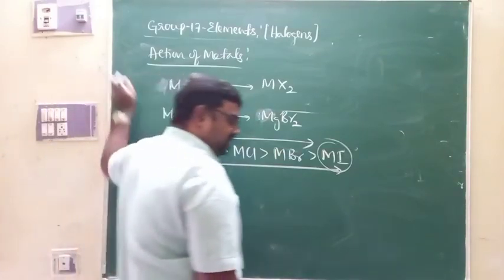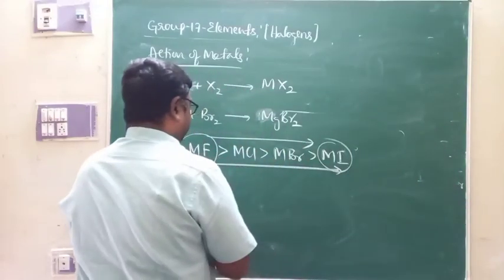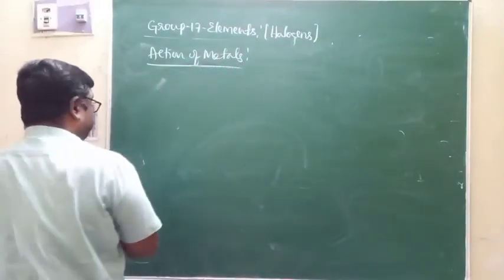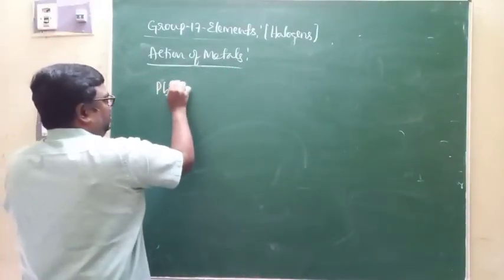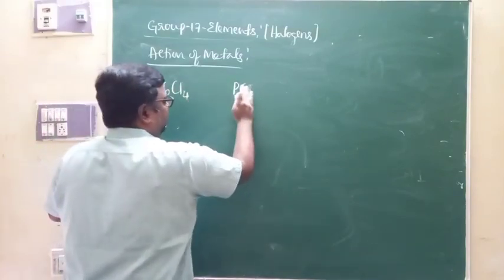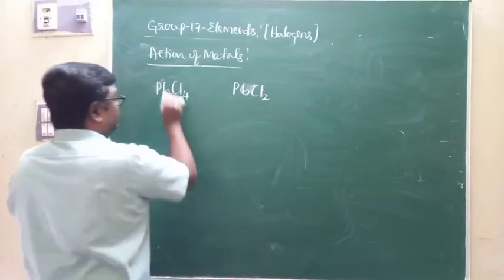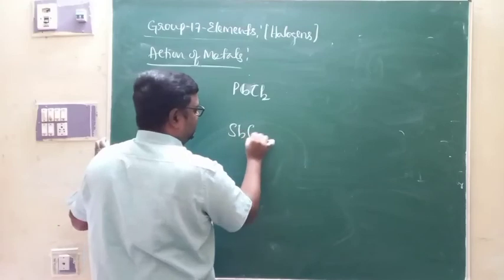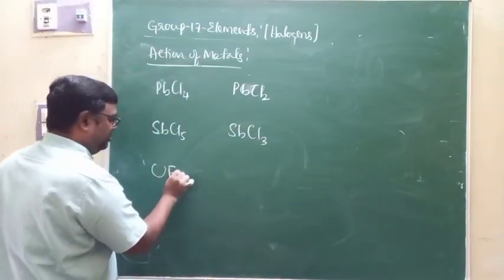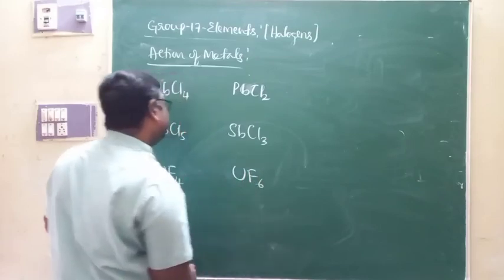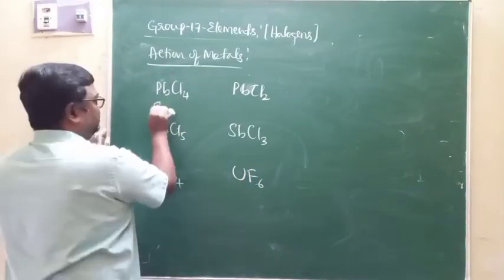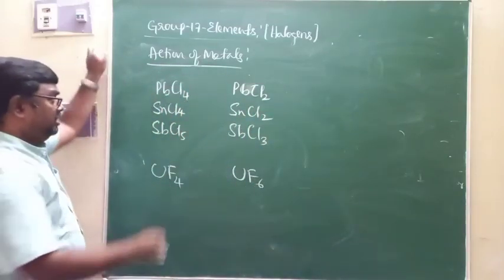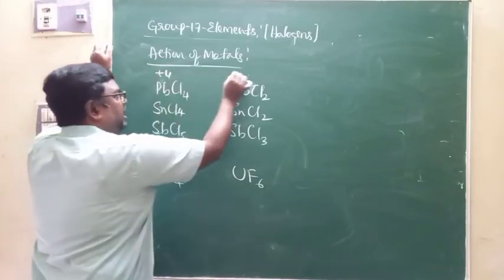Once again, the reason is the electronegativity difference. Apart from that, if the metal exhibits more than one oxidation state, for example PbCl4 and PbCl2, and SbCl5 and SbCl3, then UF4 and UF6, and we have one more, SnCl4 and SnCl2. Notice here, lead is in +4 state and +2 state.